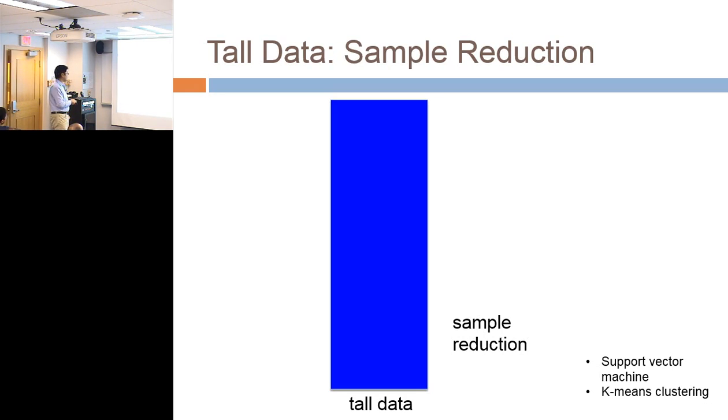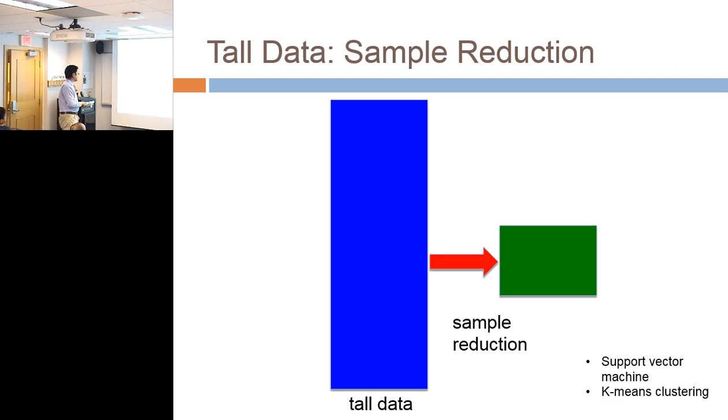This subset can be very helpful for us to understand the underlying structure of the data. Some well-known methods for those applications are support vector machine and k-means clustering.